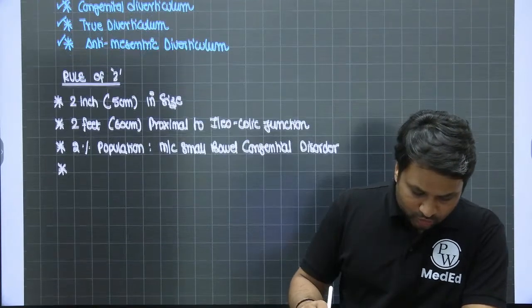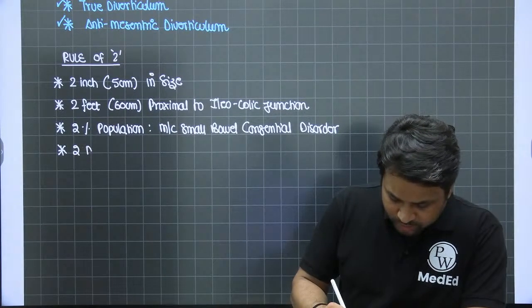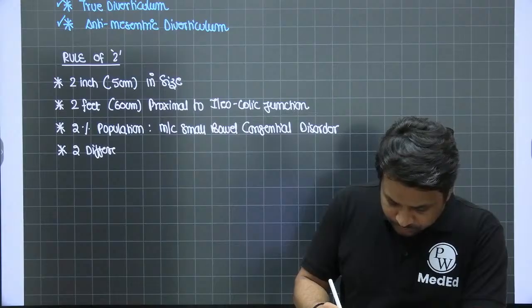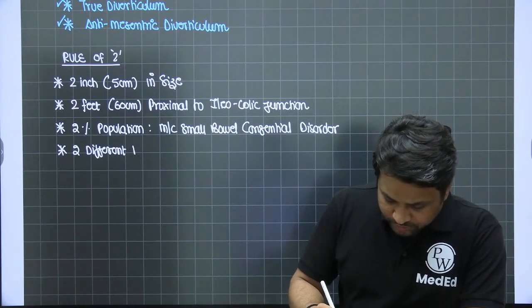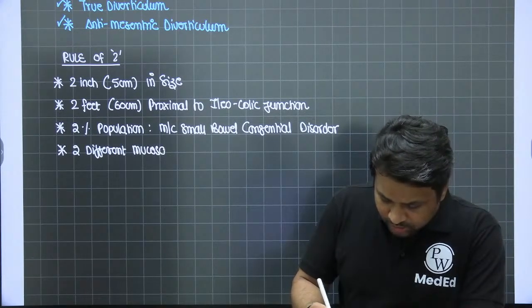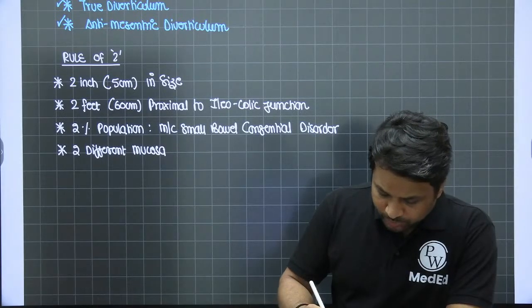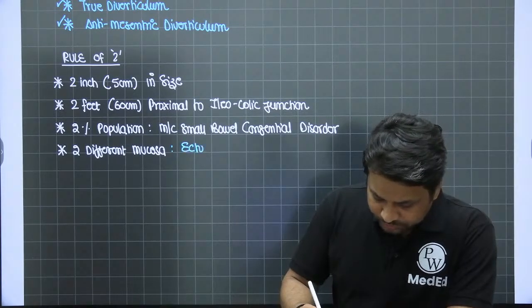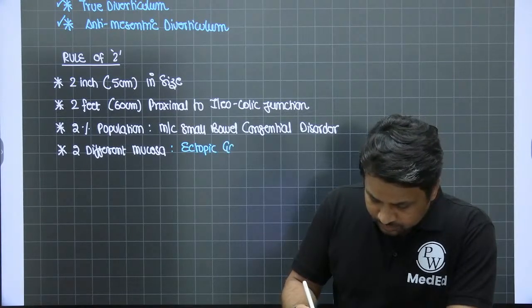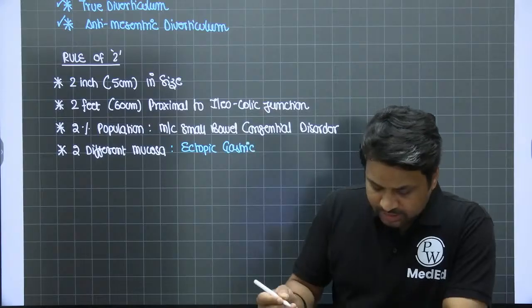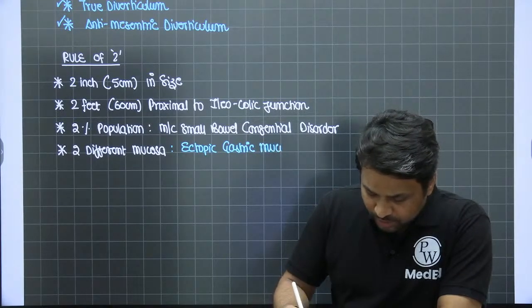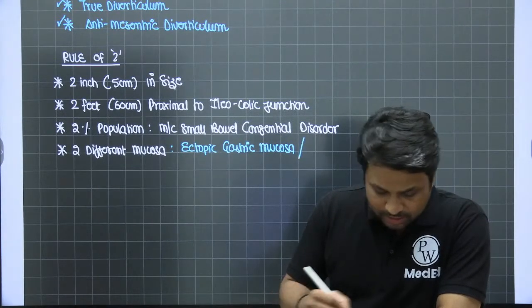It consists of two different mucosa. It can consist of ectopic gastric mucosa, and because of it, it can lead to peptic ulcer disease.